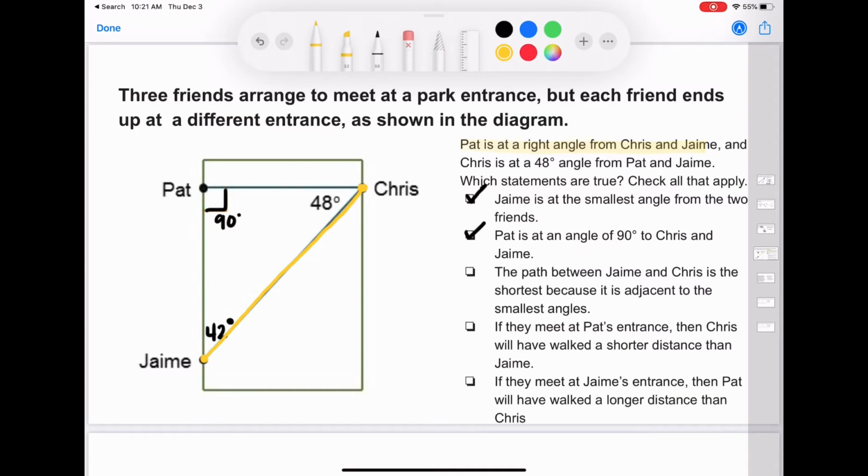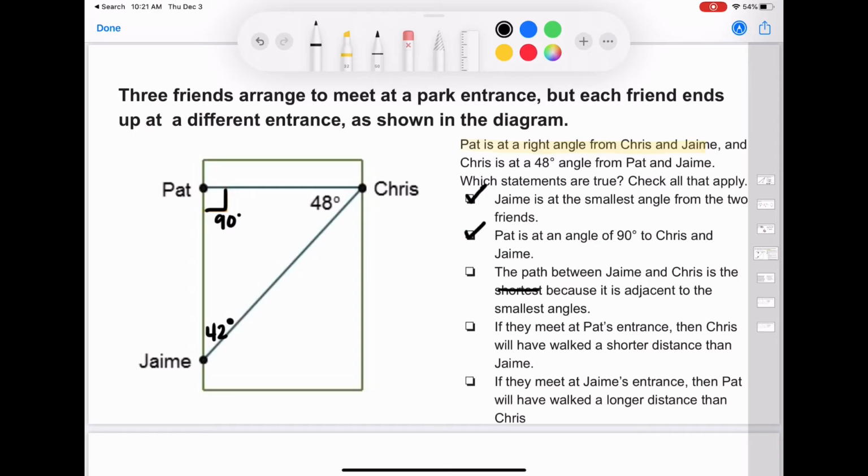What we've learned, actually, is that because the path between Jamie and Chris is across from the largest angle, that 90-degree angle, then it is actually the longest, not the shortest. So therefore, we cannot select that one. Let's look at the next one.